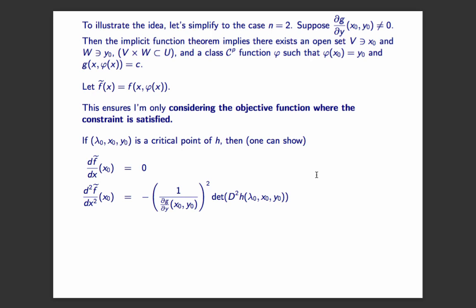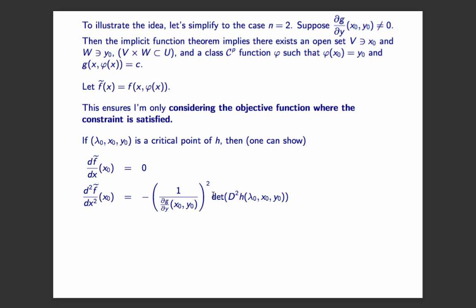So if lambda naught, x naught, y naught is a critical point of h, then one can show that the derivative with respect to x of f tilde is 0, and the second derivative is equal to negative 1 over the derivative of g at x naught, y naught, which we assume to be non-zero, squared.